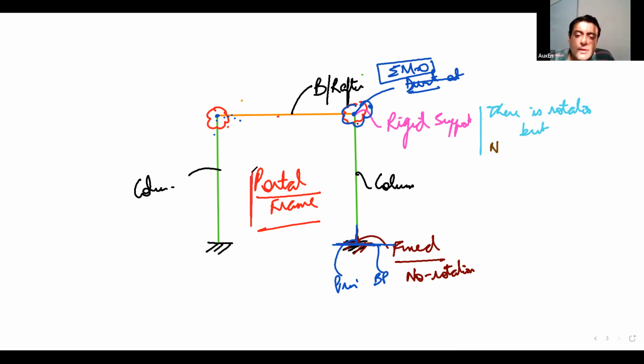Now, when we connect it rigidly, how does this take loads? How does the load transfer take place? Let us say this is my beam and this is my column. We all know that for gravity loads, my bending moment will be something like this.